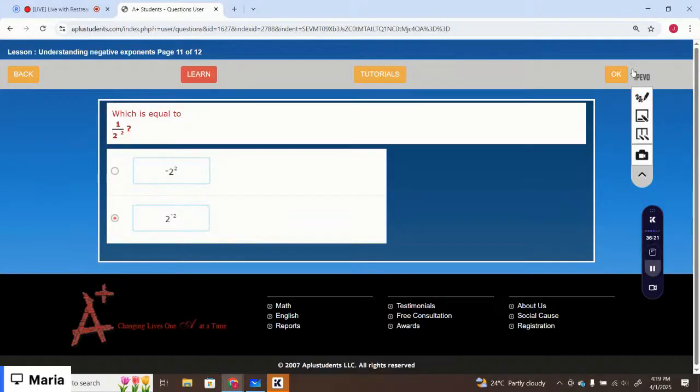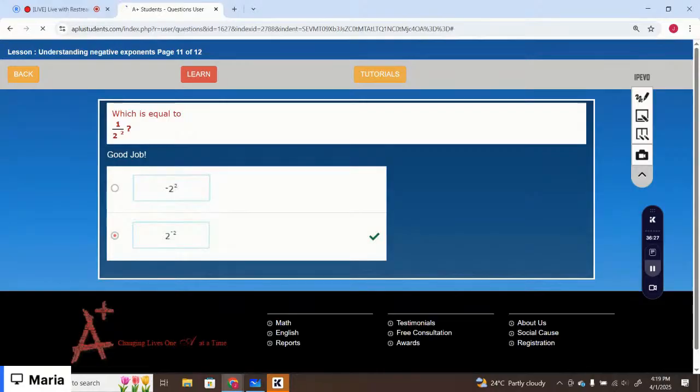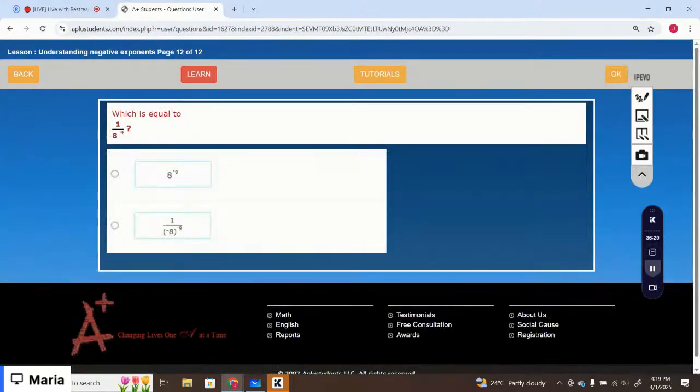Option number 2 is the correct option, that is 2 exponent negative 8, which is equal to 1 over 8 exponent 9.